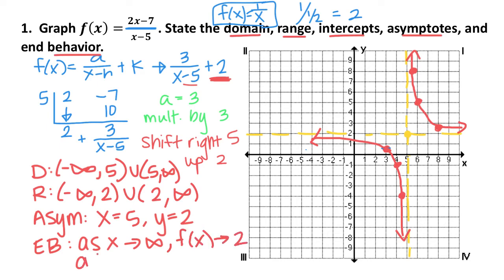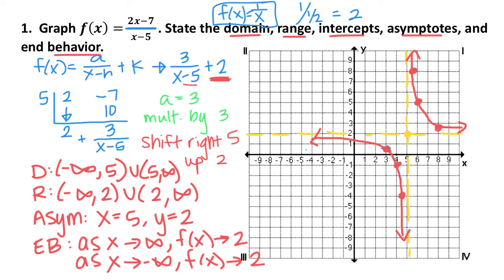And then same thing on the left side. As you go to the left, the function is approaching 2. So these ends will always be whatever the horizontal asymptote is. So you have y equals 2 here, then these ends for the end behavior are both 2.